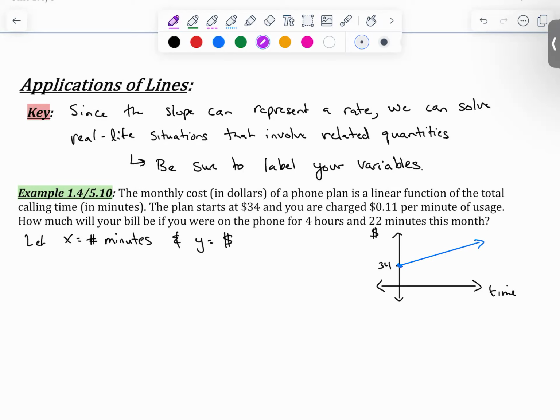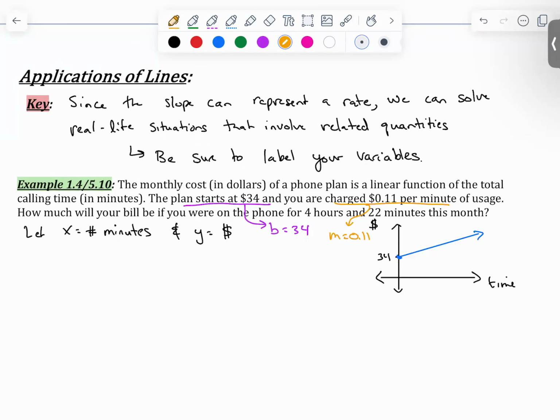So I already did it, but this says that b is equal to 34, and this is m. M is 0.11. So we actually don't even need to find the slope or find 2 points or anything like that. We've got everything we need. Y is equal to 0.11x plus 34. But that's not what the question is asking.